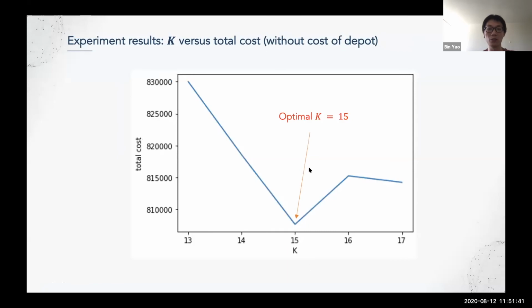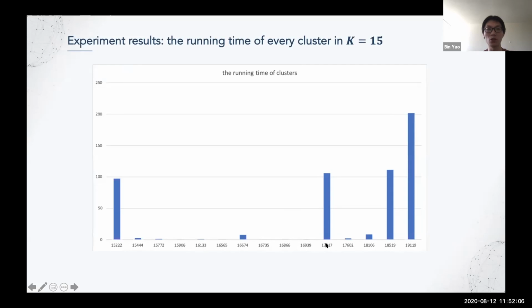Because we assume the total cost is unimodal, so it first decreases and then increases, using the methodology we introduced before, we gradually narrow down the gaps and finally find k equals 15 as the optimum. This is also the running time for each cluster. For a small instance, it can run within a few seconds, while for a medium-sized instance, the running time becomes relatively long.